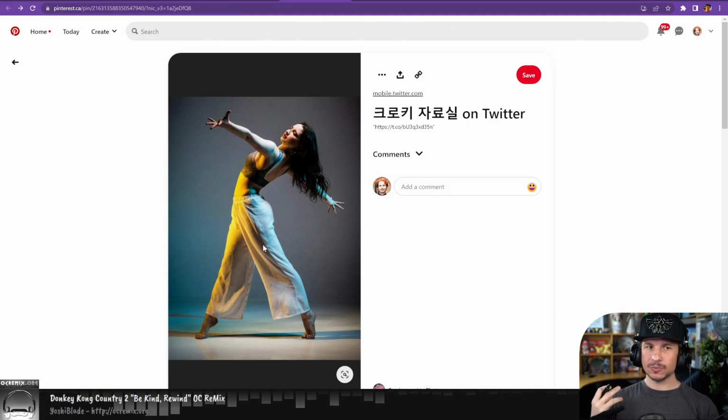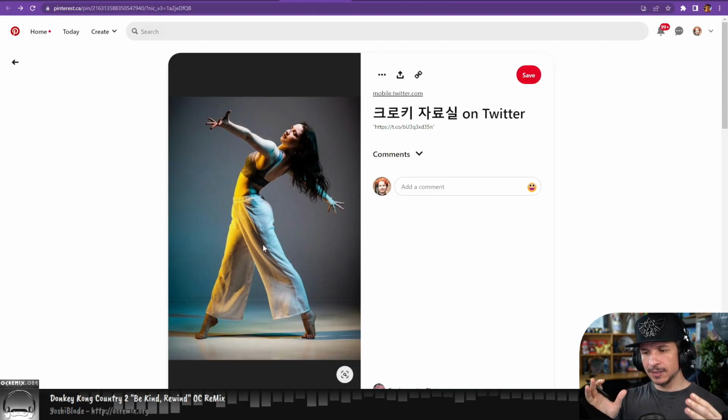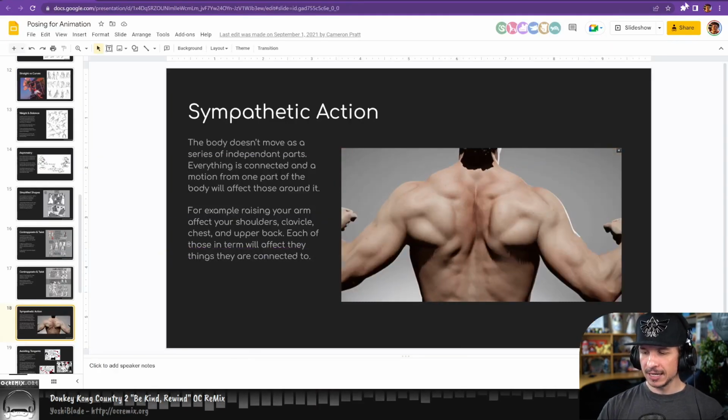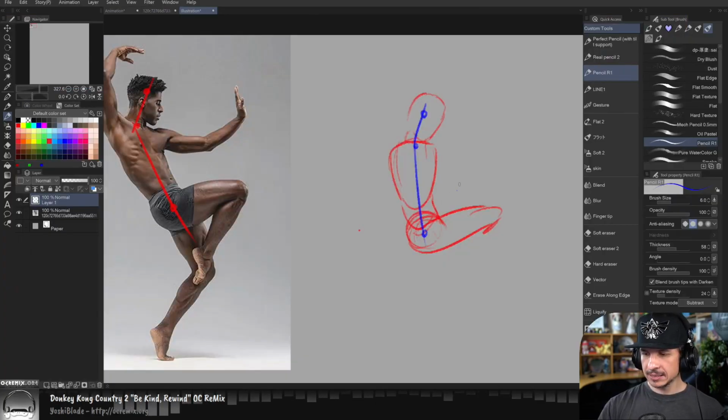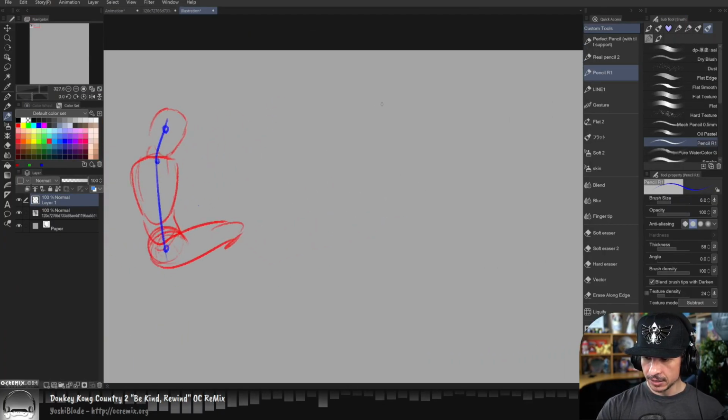So this is just one of those things that I love to look for because it gives me a waypoint to look for and to aim towards instead of just hoping that I get the right line. It also helps to push your dynamic range on the pose. And what I mean by dynamic range is, let's say you have a pose here and you're going to push the line of action like this.